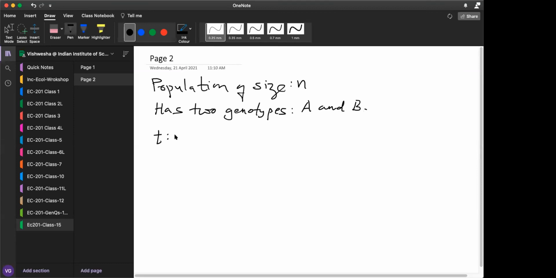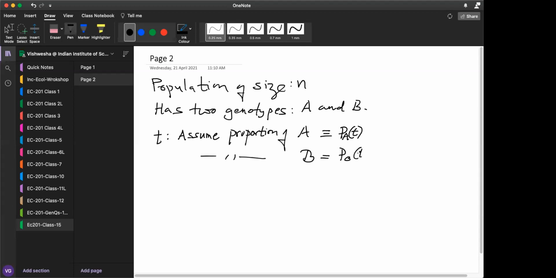At time t, let's make some assumptions. Assume that the proportion of A in the population is denoted by P_A(t), and likewise the proportion of B is P_B(t). As you know, the proportions must add up to 1, so this must necessarily be 1 minus P_A(t).